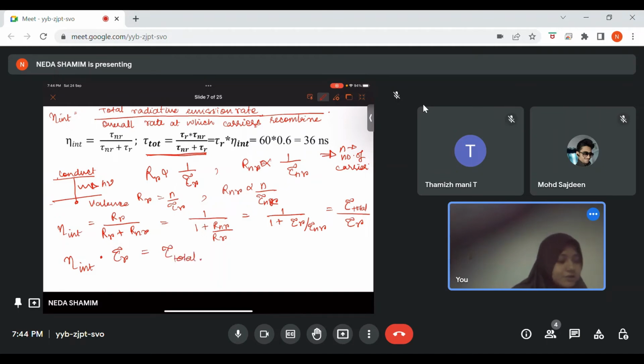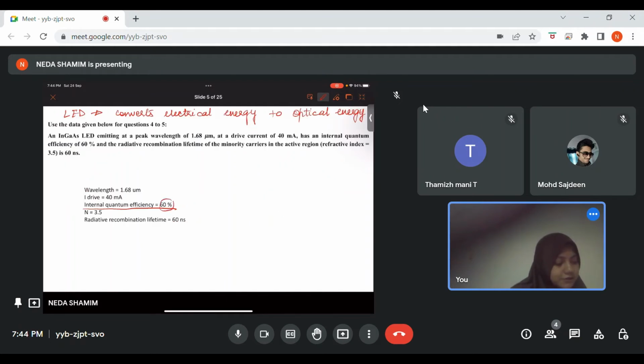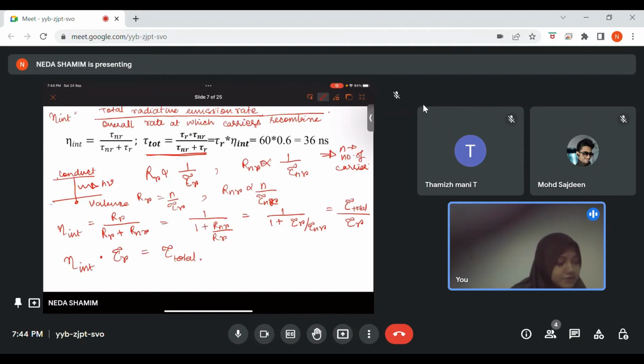This is 0.6 and the radiative recombination lifetime is 60 nanoseconds. If you want the answer in nanoseconds, you just multiply 60 times 0.6. That will give you the answer of 36 nanoseconds. I hope this is clear, and I hope the concept of radiative and non-radiative recombination and the related lifetimes and rates also got clear.